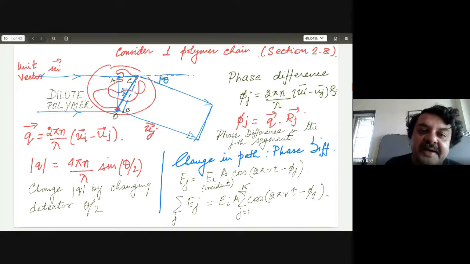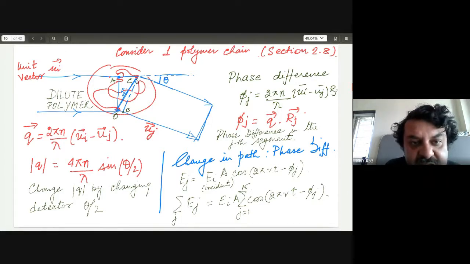The angle of bend is theta, and the vector between these two monomers is represented by rj, right?